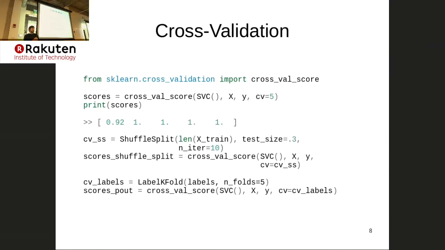The problem is that the same patient will be represented both in a training set and in a test set. And it will be much easier for the model to learn about this patient because he's both in a training and a test set. Label k-fold can be used together with some labels which say which patient each data point belongs to, and it will leave each patient either completely in a training set or completely in a test set.